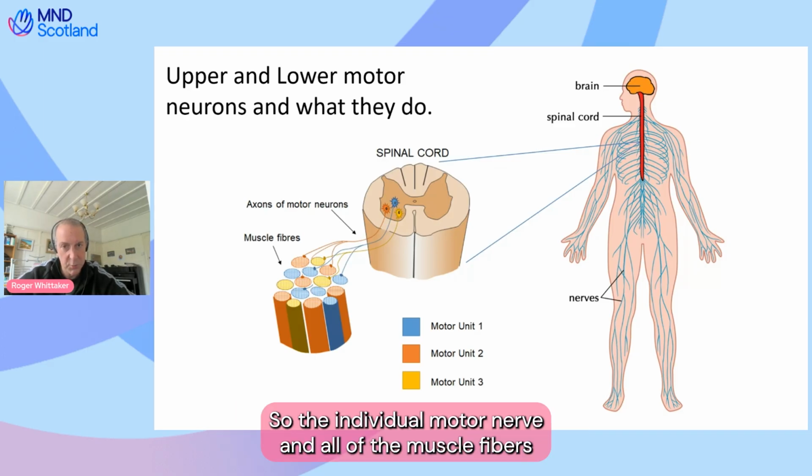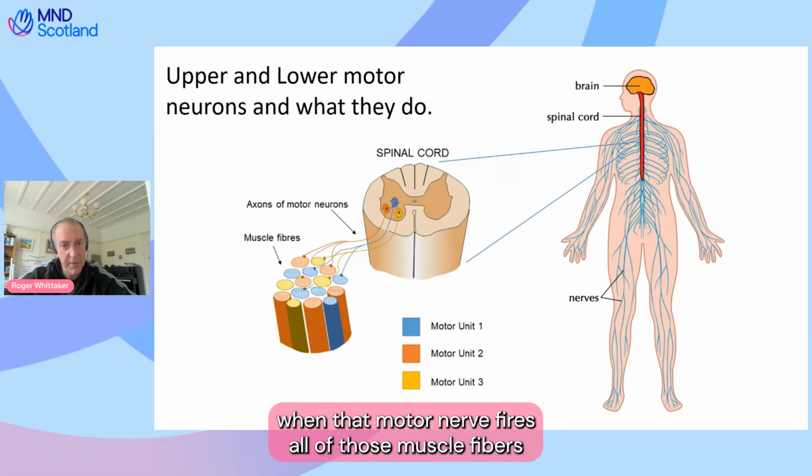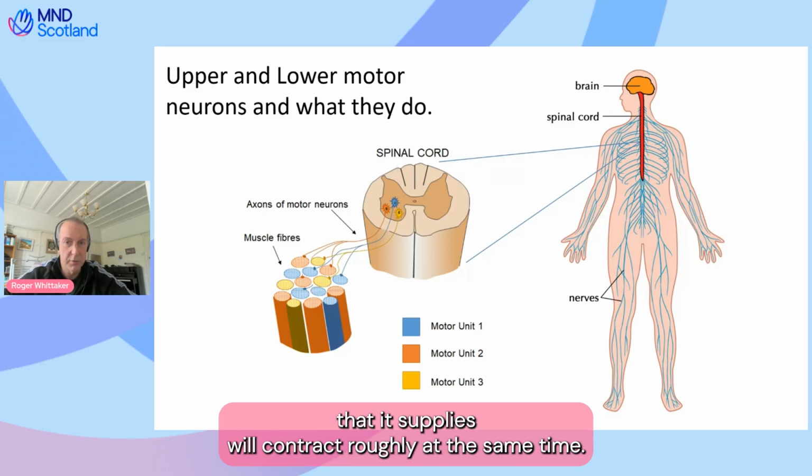So the individual motor nerve and all of the muscle fibers that it supplies is one motor unit. And critically, when that motor nerve fires, all of those muscle fibers that it supplies will contract roughly at the same time.